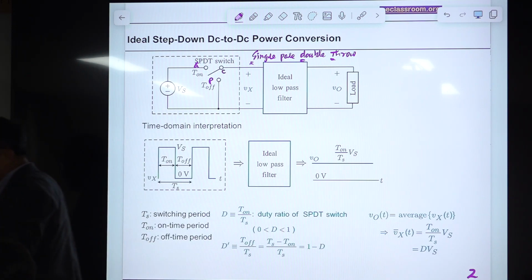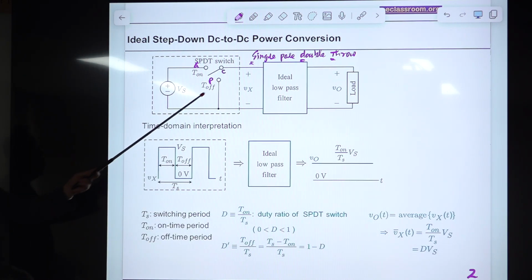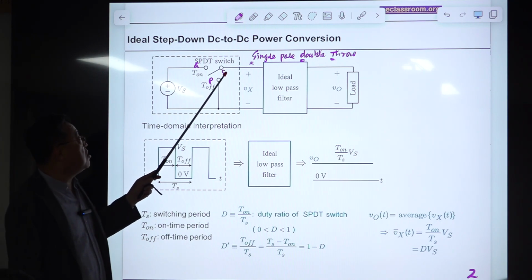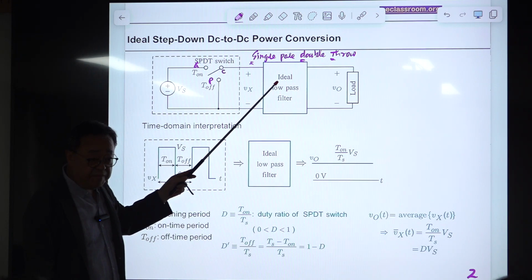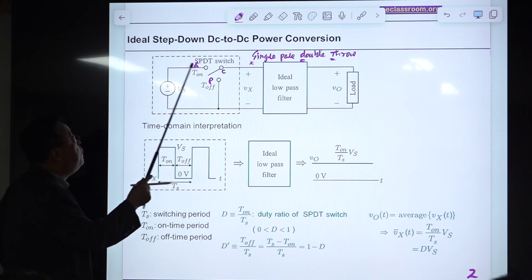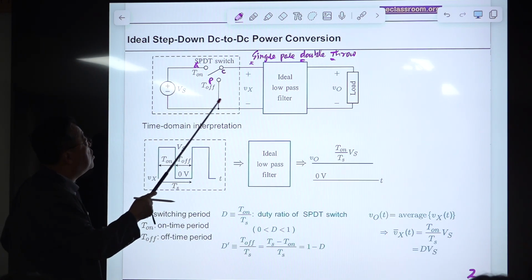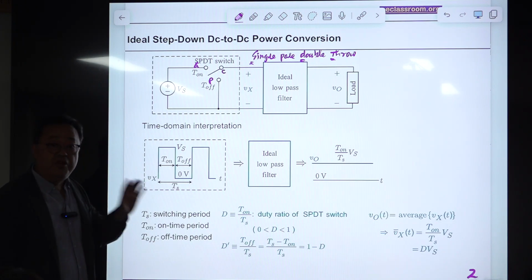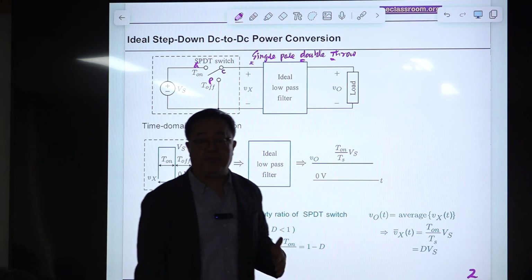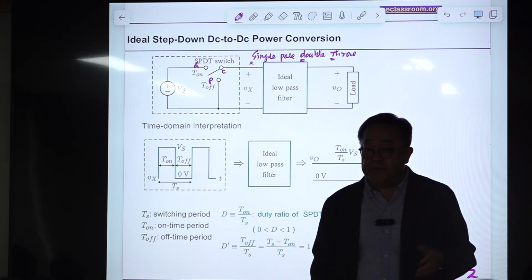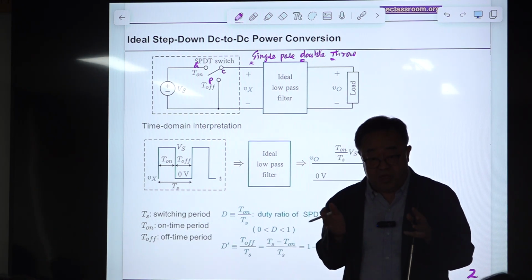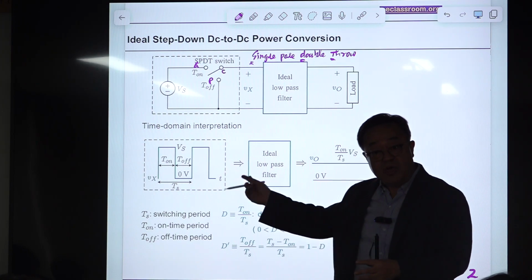It is connected here or here, always one of them, never hanging like this, and the inductor will be connected to the common terminal. Why is the inductor connected here? If the inductor is left unconnected, we have a problem: inductor current cannot be interrupted instantly. The voltage spike will destroy your system and your circuit.